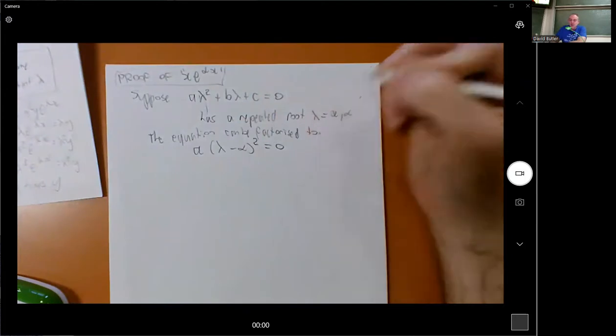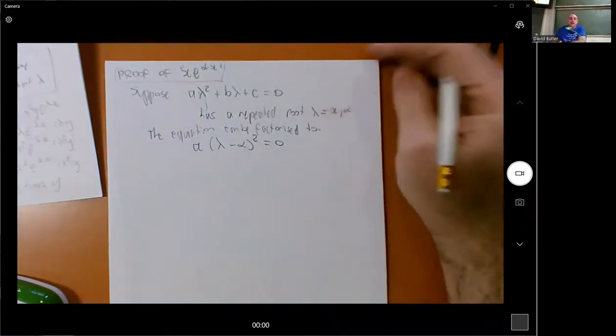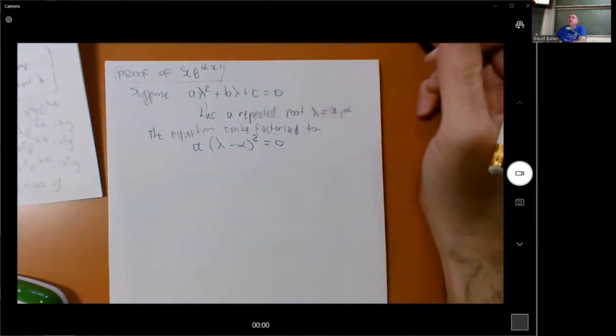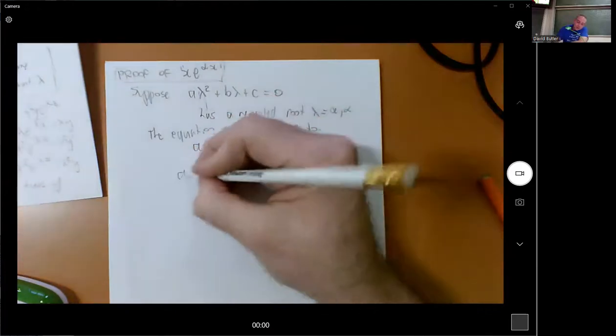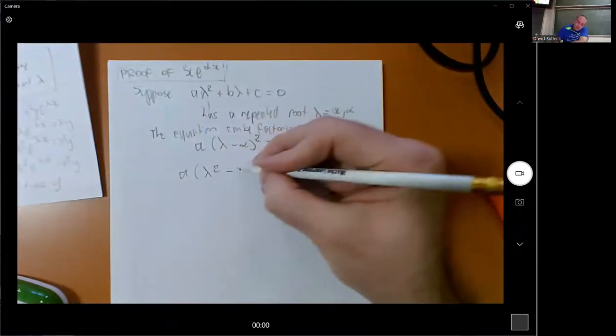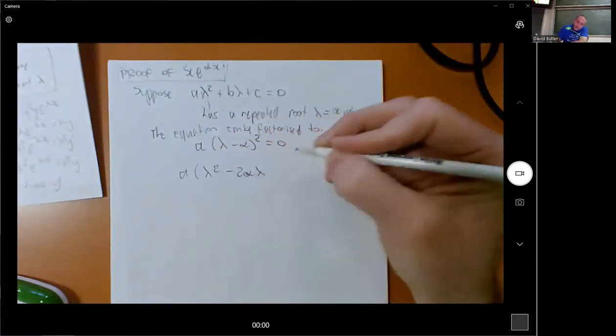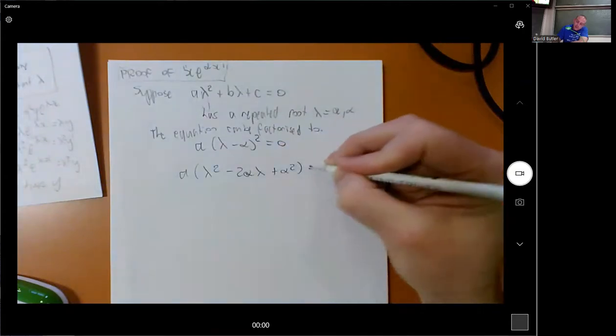So at this point, I decide not to care about what B and C are for the moment, but I feel like I might have to. No, I'm going to have to. So I'm going to expand it out. So a lambda squared minus 2 alpha lambda plus alpha squared.